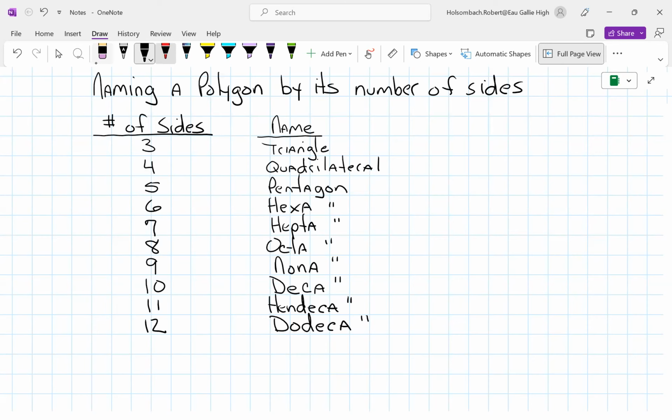After that, we're going to name them by the number of sides. So if we get to 13 sides, we're going to call that a 13-gon. And if the shape has 37 sides, that's going to be called a 37-gon.